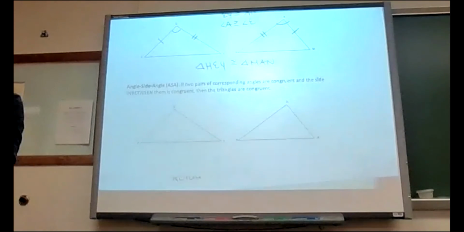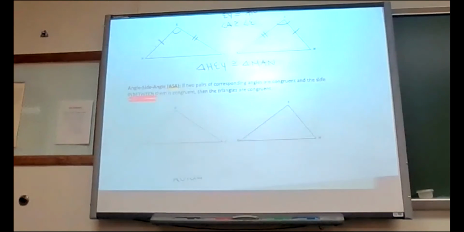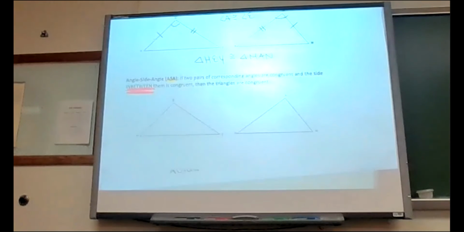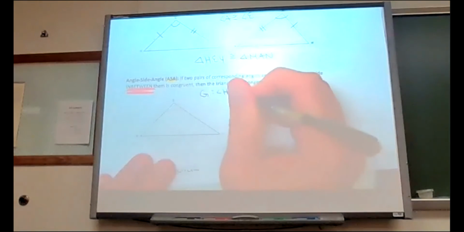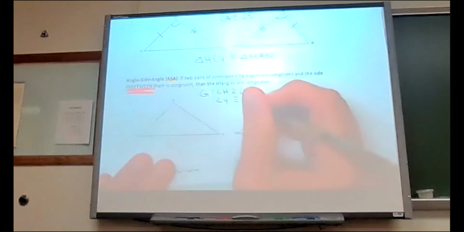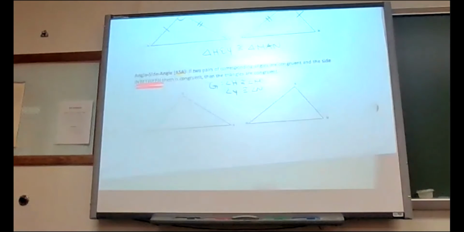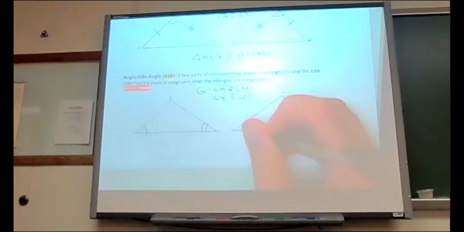Same idea, I could have it the other way around, right? Have an angle and another angle, and then the side, and again, the super important piece is that the side is in between the 2 angles that I'm given. So if I'm given, for example, angle H congruent to angle M, and angle Y congruent to angle N. First I'll mark that.